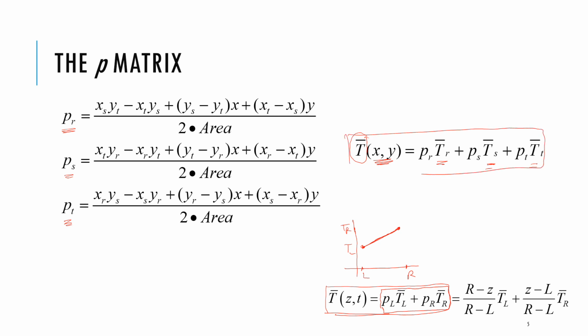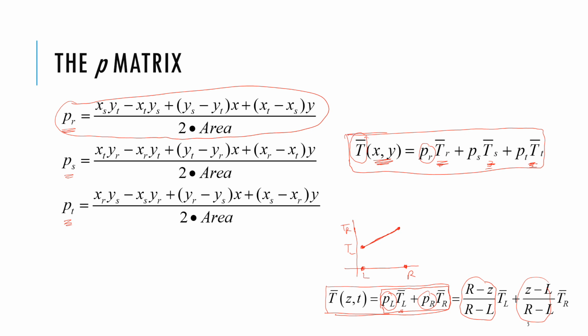This one interpolates between 3 values in a triangle. This one interpolates between 2 values at the 2 nodes in a line element. In this case, PL is given by this and PR is given by this. In a similar way, PR is given by this expression and so on. So it's exactly analogous, and this is now my interpolation function.